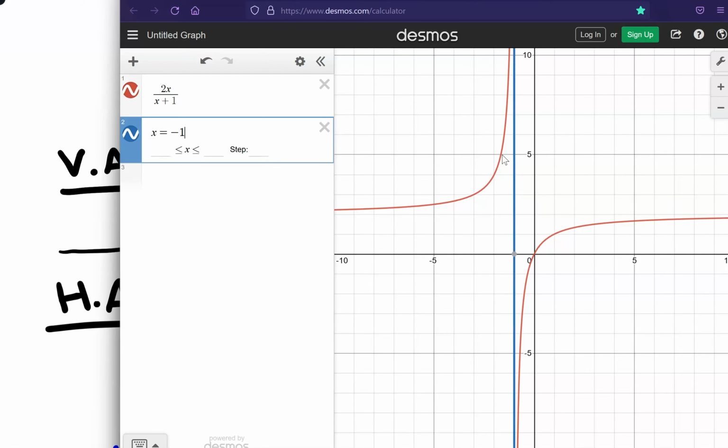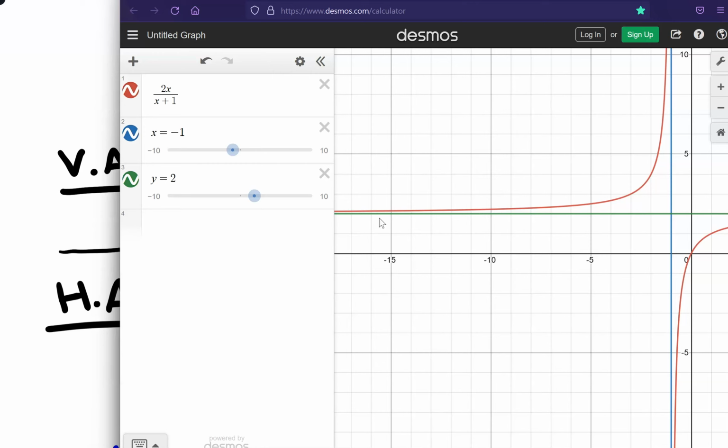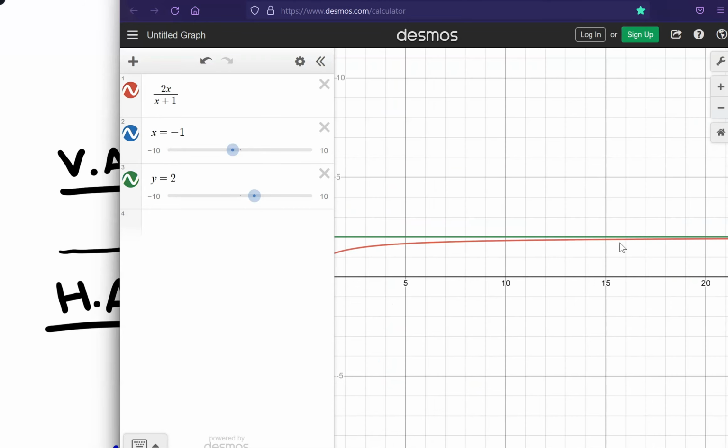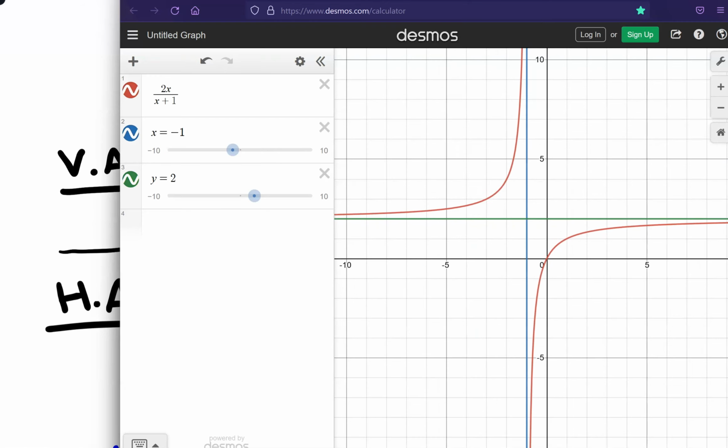You can see how our function on the left-hand side is going up to positive infinity, and on the right-hand side down to negative infinity. So we're not crossing that vertical line at x equals -1. Then if I graph y equals positive 2, we can see in the long run we're getting closer and closer to an output of 2. On the left-hand side, we're just above 2, and on the right-hand side, as x goes out to positive infinity, we're just below 2. So that's our long run behavior: we're approaching 2 as x goes to negative and positive infinity.